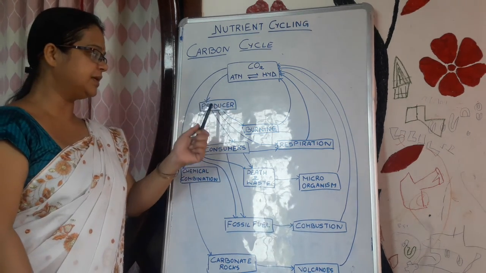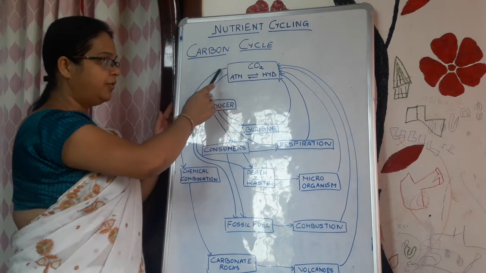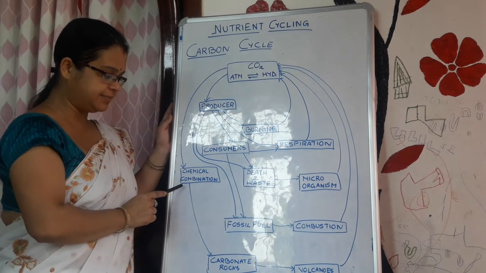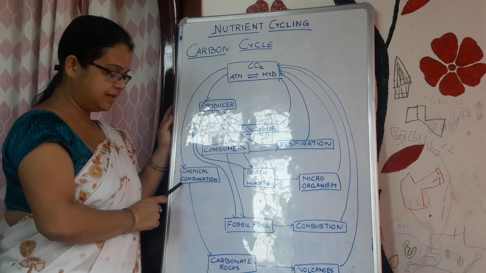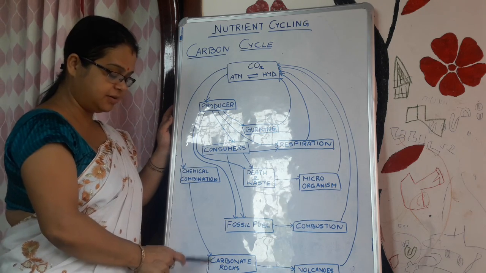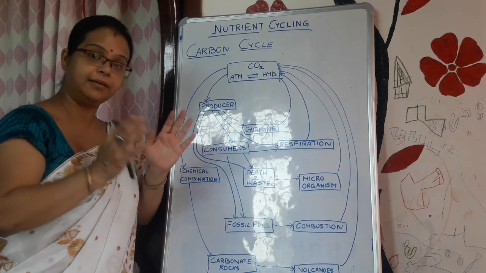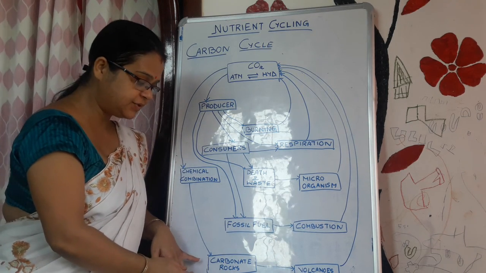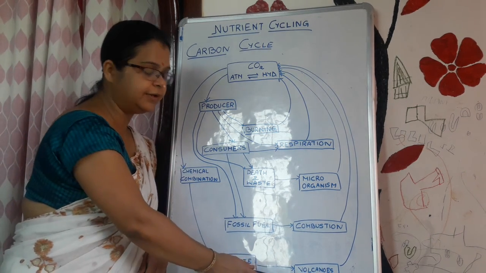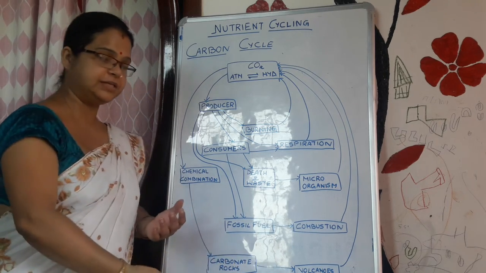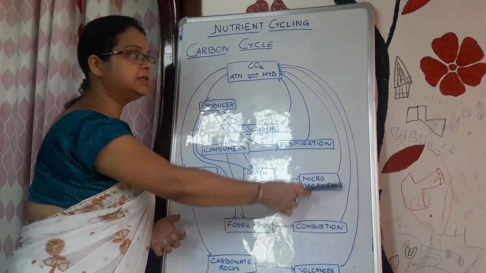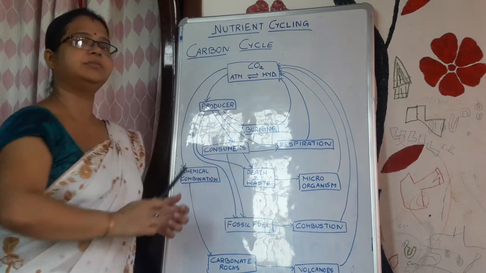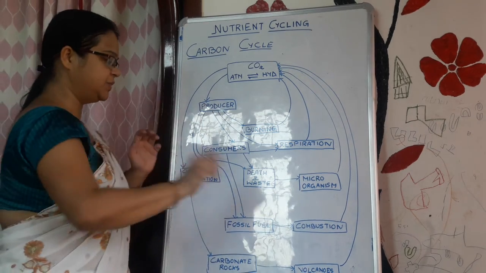It is also used by chemical combination or seepage, and is stored in the soil in the form of carbonate rocks. These rocks, during volcanic eruptions or hot springs, return the carbon dioxide back to the atmosphere. This is one cycle.